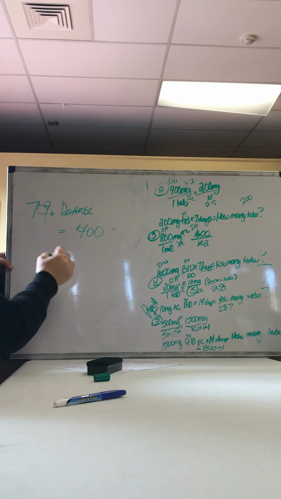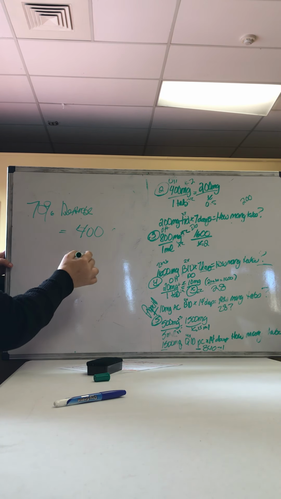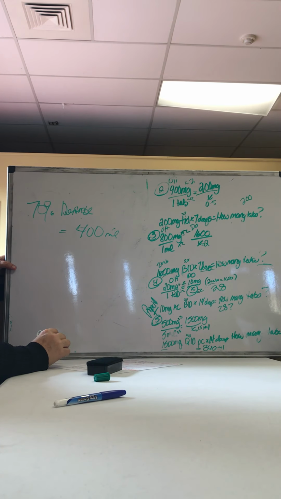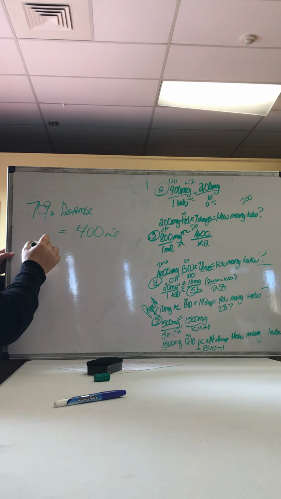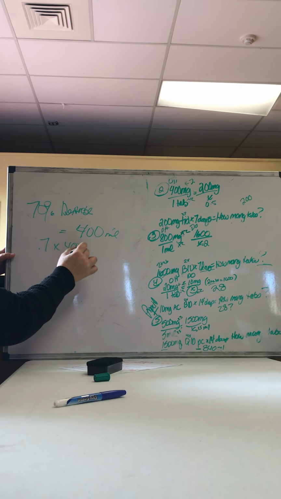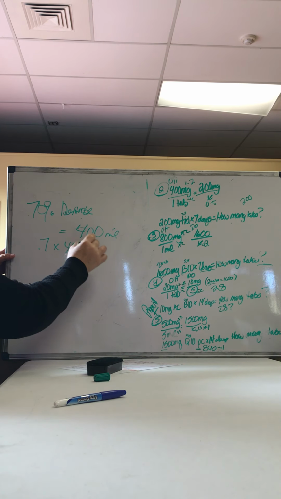Same problem. 70% dextrose, we have 400 milliliters. How much dextrose is in 400 milliliters? You can just do 0.7 times 400, there you go, equals 280. 280.